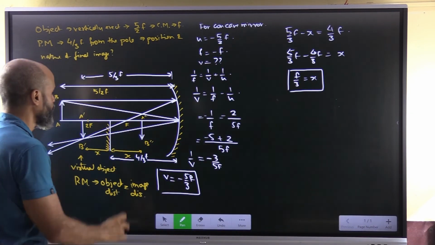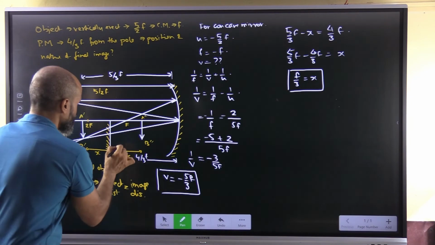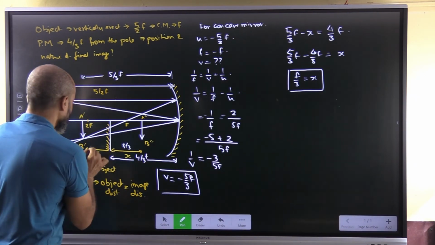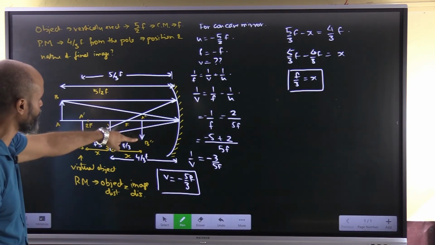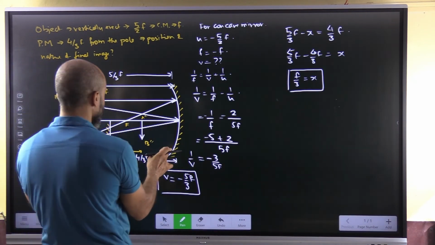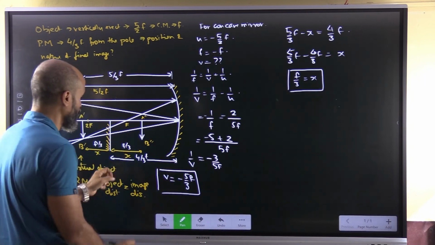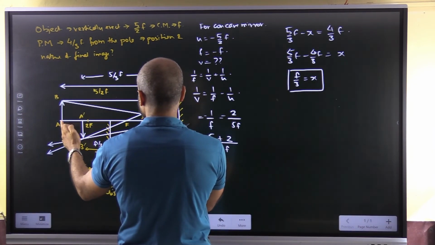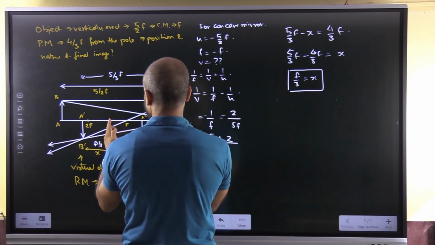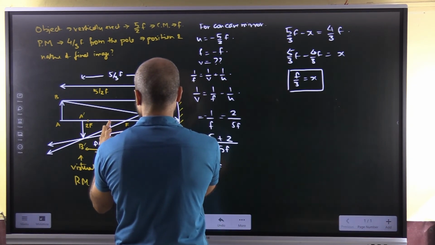Now, this is basically f/3, this is also f/3. So where is the final image that is getting formed? We can take any distance here, 5/3f, or we can take this as f/3.